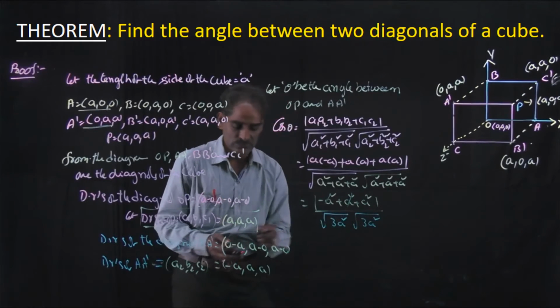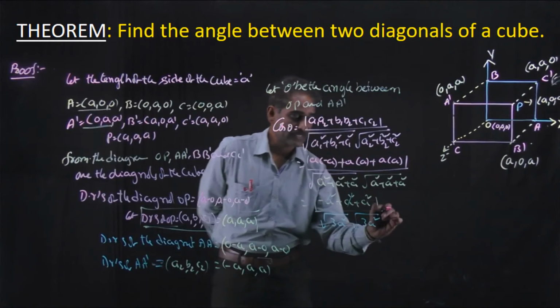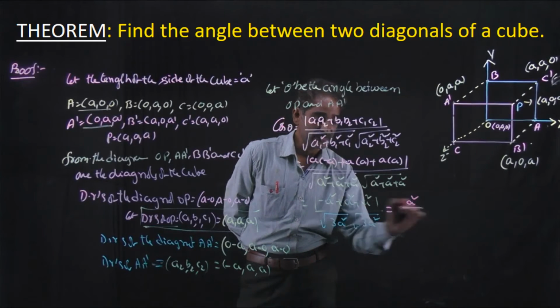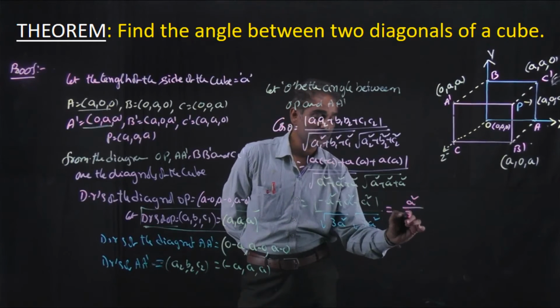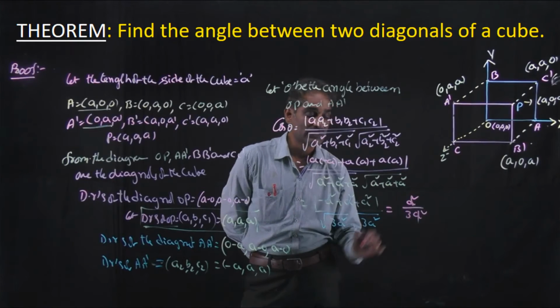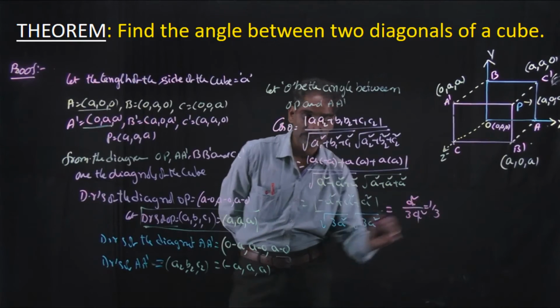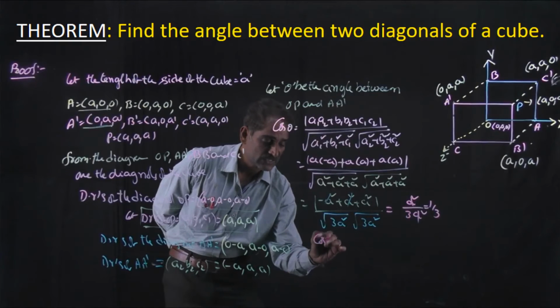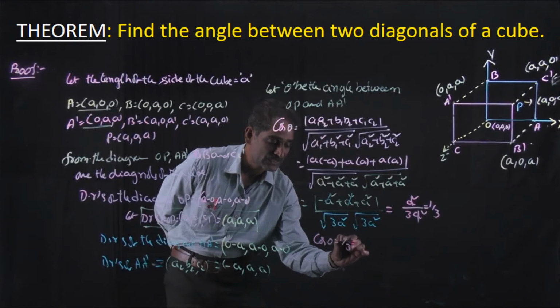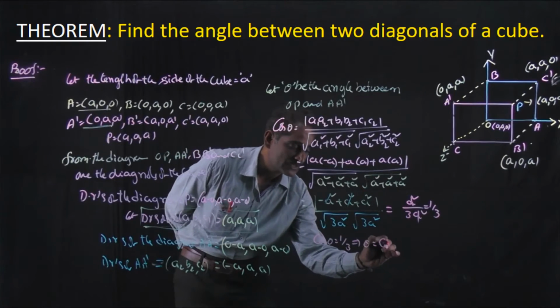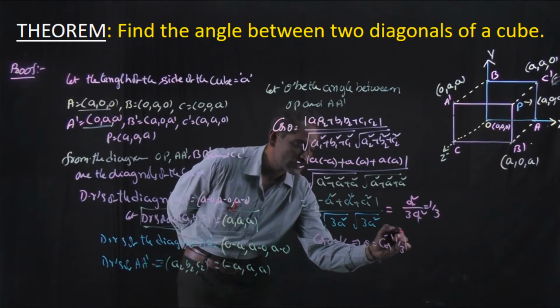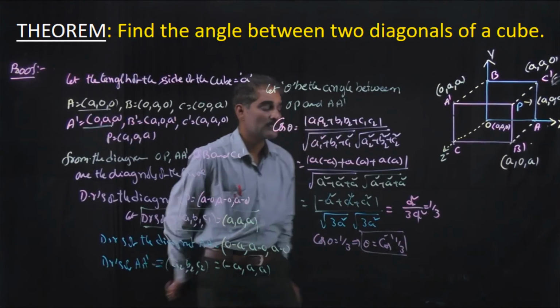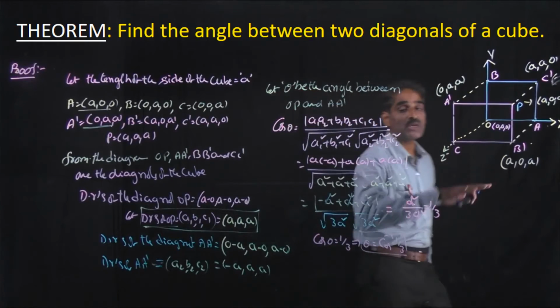So these two will get cancelled. Then we will get a square by 3a square, a square gets cancelled. It is equal to 1 by 3. Therefore, cos theta is equal to 1 by 3. This implies theta is equal to cos inverse 1 by 3. This is the angle between any two diagonals of a cube.